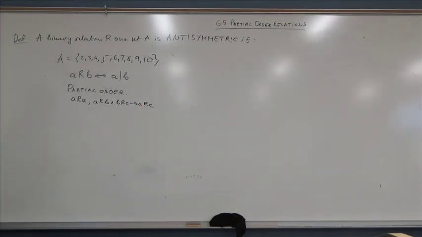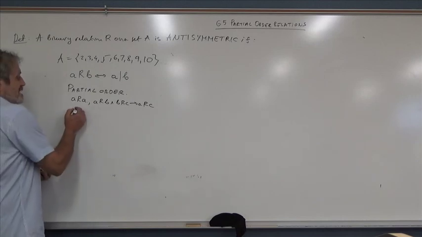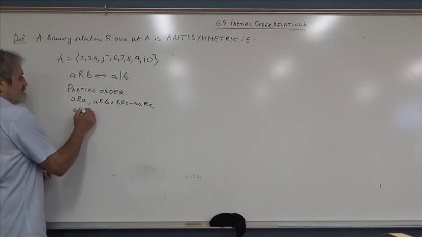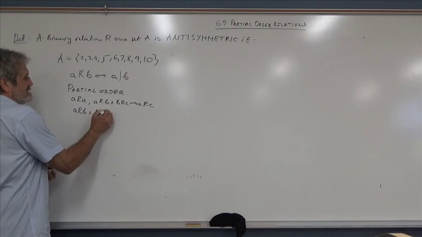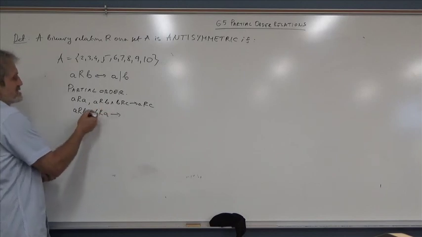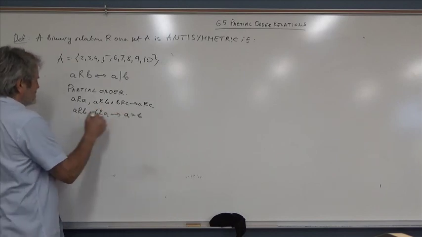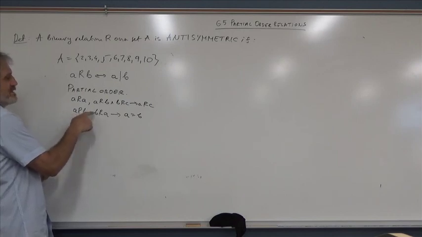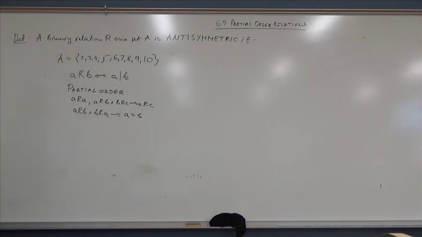We had one of the theorems before. Why is it anti-symmetric? If a divides b and b divides a, and they are both positive numbers, then a must be equal to b. Because if a divides b, it must be less than or equal to b, and the same way here. So it is reflexive and transitive, and here is anti-symmetric.